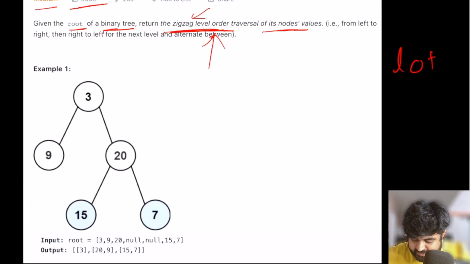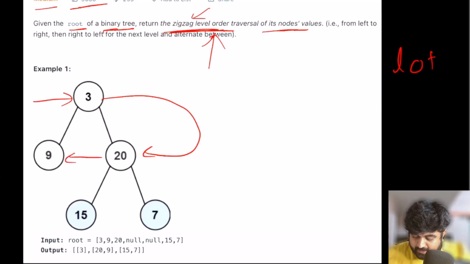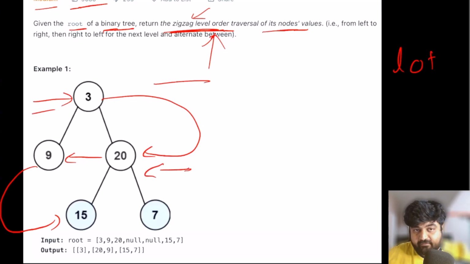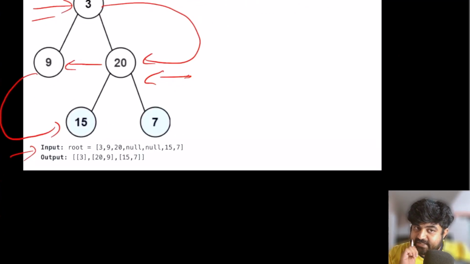The zigzag fashion is that first we start from left to right from the root node, then we go in the zigzag fashion. So we go like this, and now again we repeat the zigzag pattern, and go from left to right again. So for one level we go from left to right, the next level we go from right to left, and again the next level from left to right, and we keep repeating the same process.